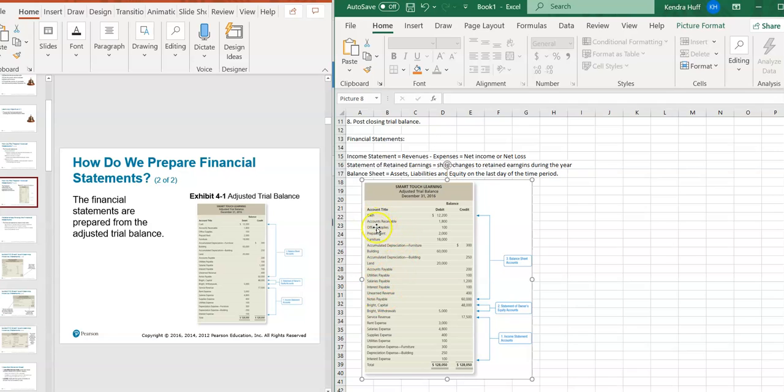It's your assets, then your liabilities, and then your equity accounts right here where it has capital. These equity accounts will show up on the statement of owner's equity. This one is a sole proprietorship, Smart Touch Learning. And then you have your revenue and expenses, which go on the income statement. So it makes it easier to prepare the financial statements because everything is already right there, ready to go.